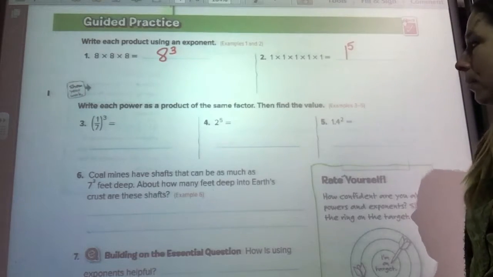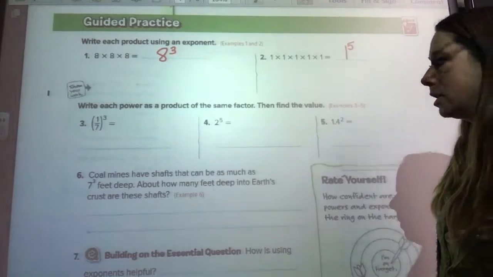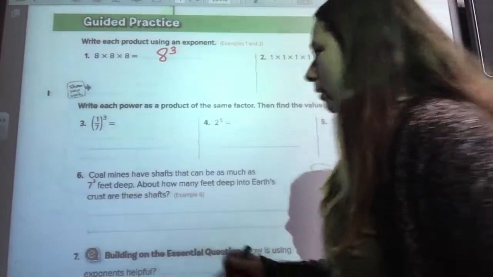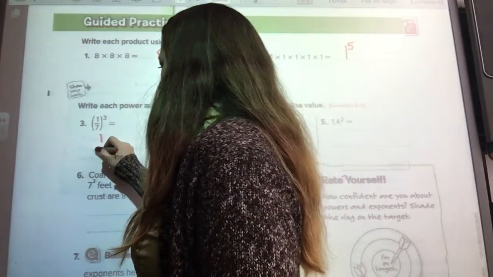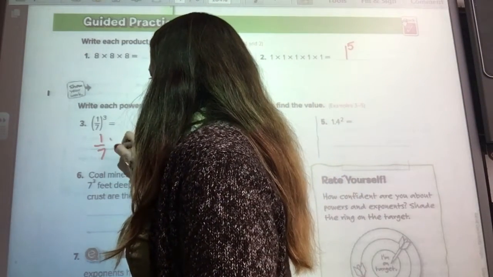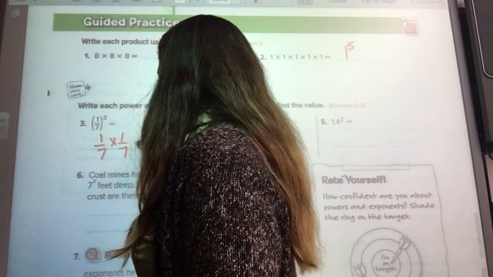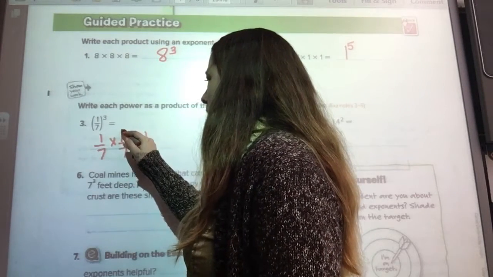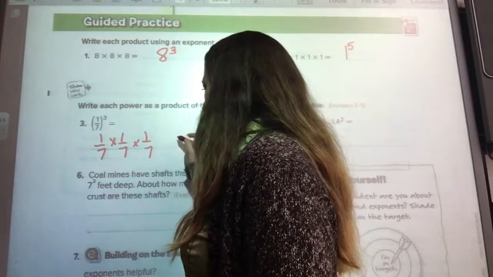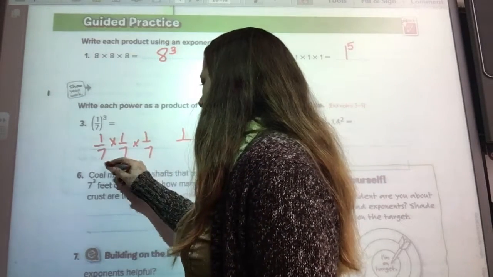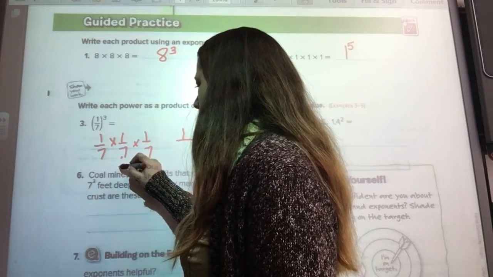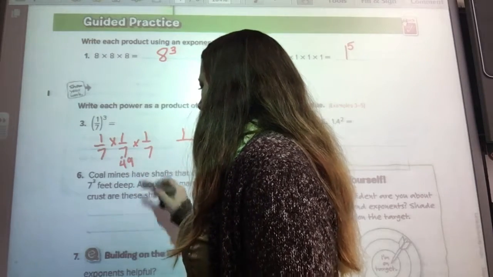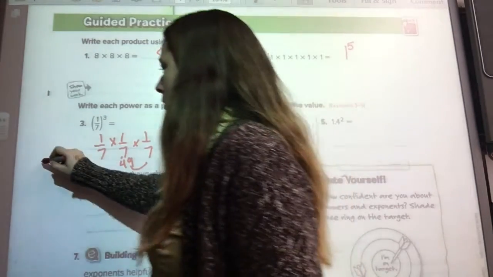Alright, write each power as a product of the same factor, then find the value. They're just telling you to write out the multiplication and solve it. So 1/7 to the 3rd is 1/7 times 1/7 times 1/7. Alright, 1 times 1 is 1. 1 times 1 is 1. That one's an easy one. 7 times 7 is 49. 49 times 7, I better do over here.